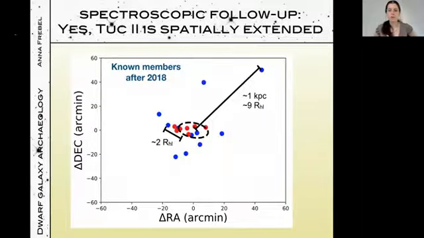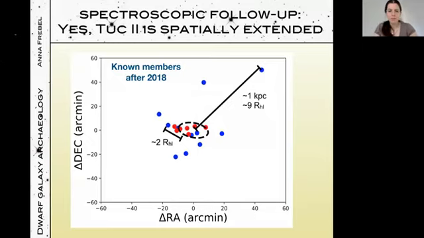So these were, we confirmed, so we took all the cloud stars, we observed them with medium resolution spectroscopy to make sure that there was something. And we confirmed them to be metal poor members, because then we got radial velocity. So these are all radial velocity members that we got from the spectra. And now they stretch out to 9 half-light radii.